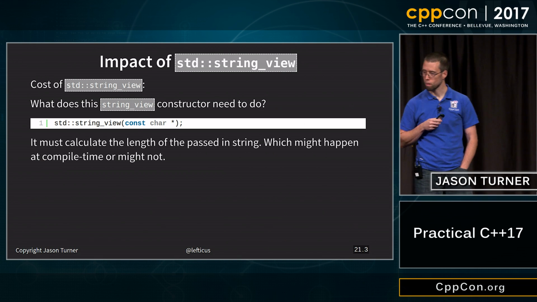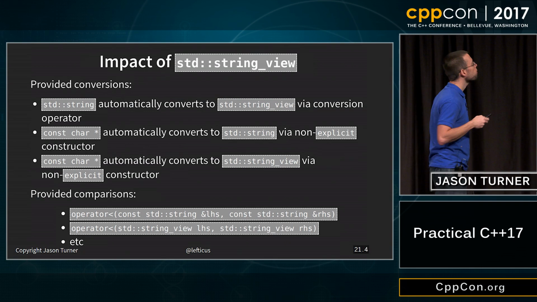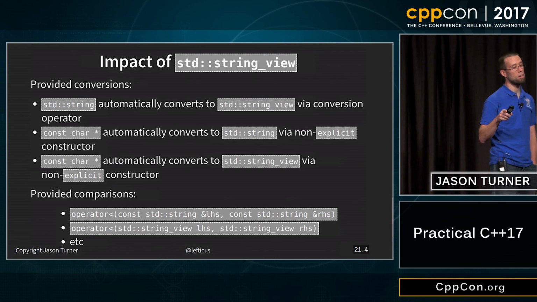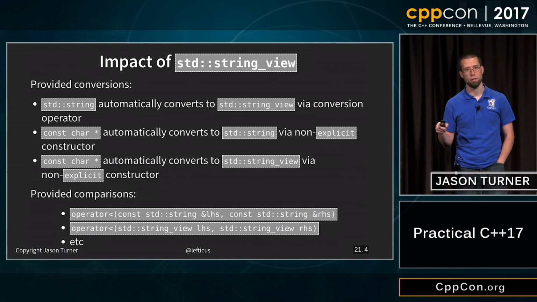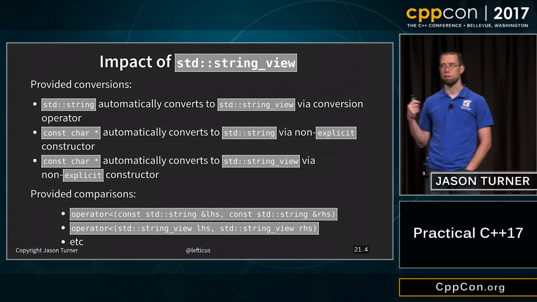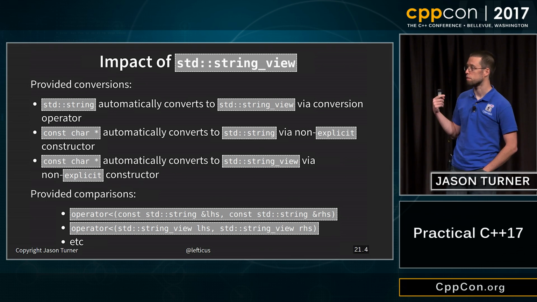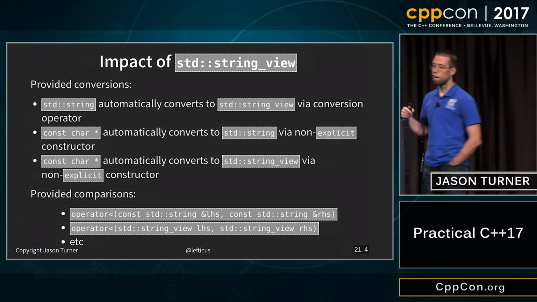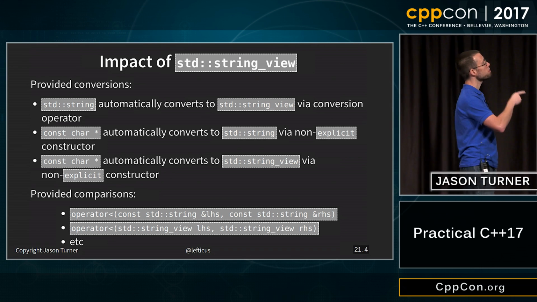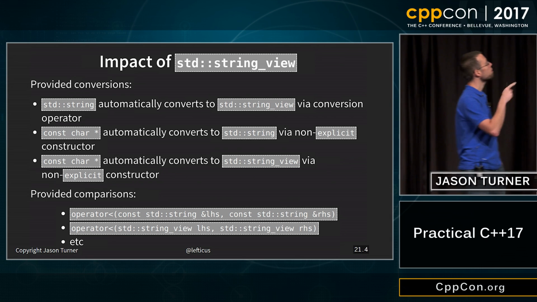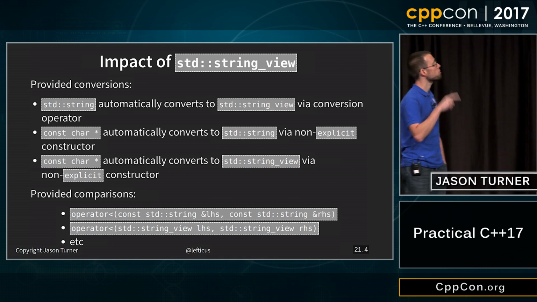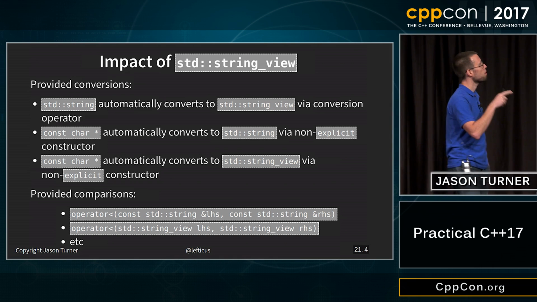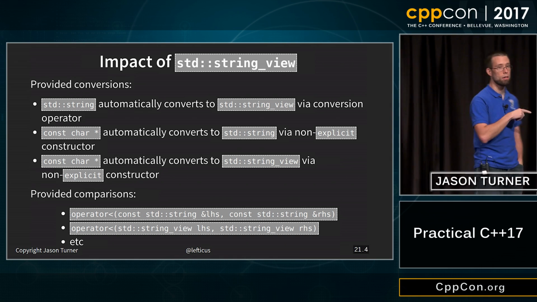it might not be. So now we have this world where we already had const char star automatically implicitly converted to a string, which has been the source of headaches for performance in my code. Now we have an expanding world. Strings can be automatically converted to string_views, const char star can be automatically converted to string, and const char star can be automatically converted to string_view.